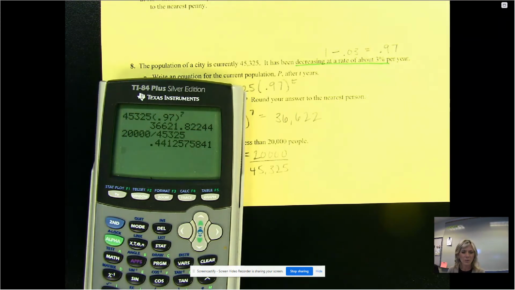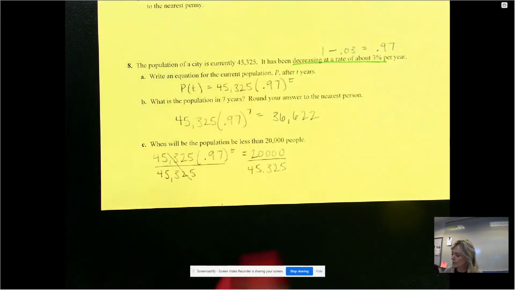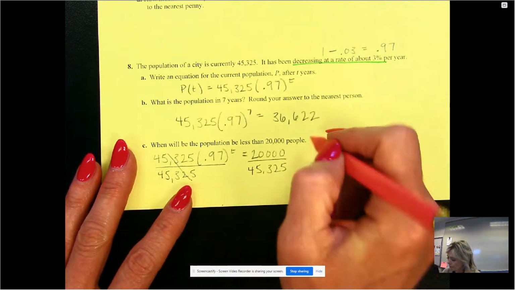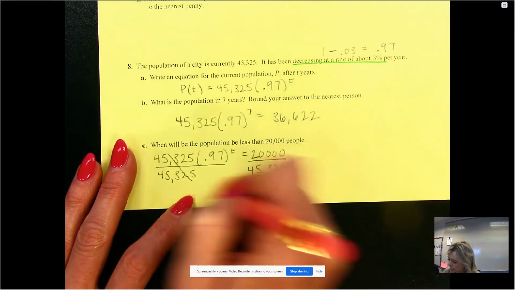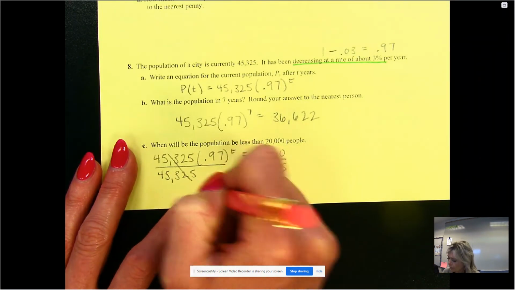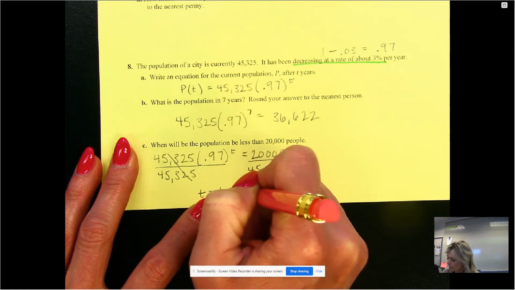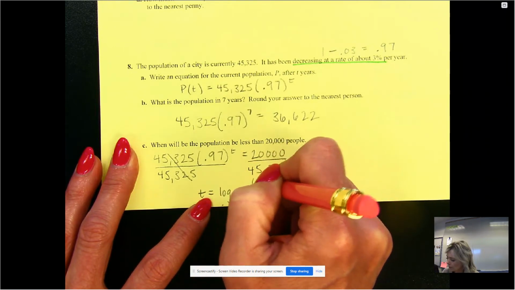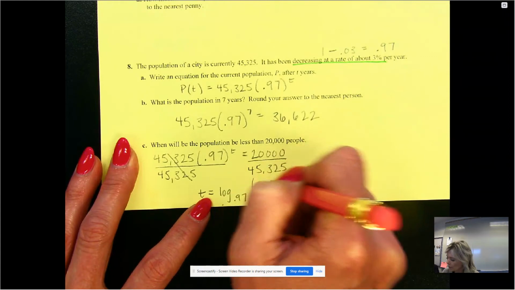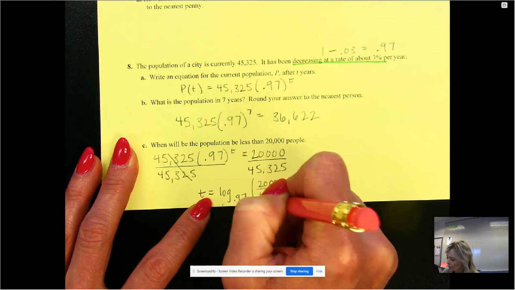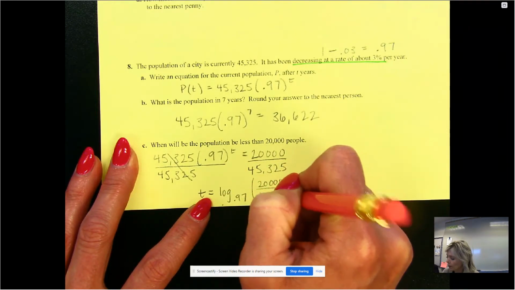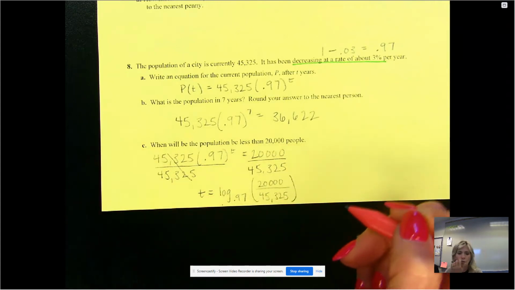It's not a very nice decimal, so I'm just going to leave it as a fraction. Okay, so I have this here. I'm going to switch to log form and say t is equal to log base 0.97 of 20,000 over 45,325.